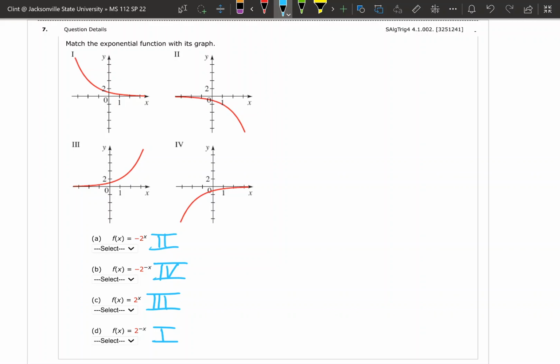You got to know which one to start with, right? That's important. There's our starting graph, and then you just do the reflections.